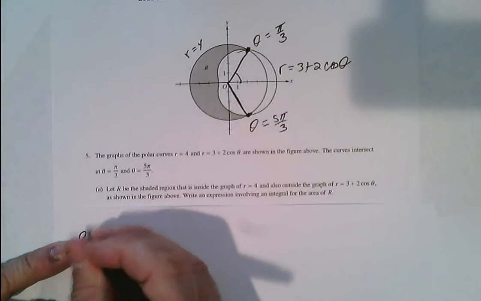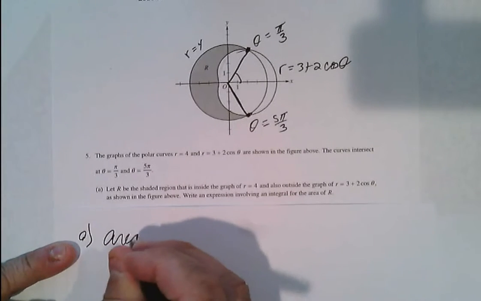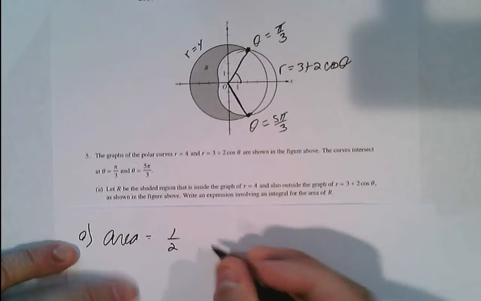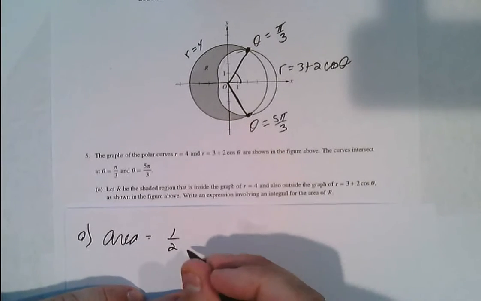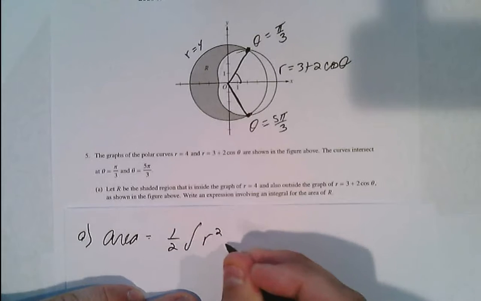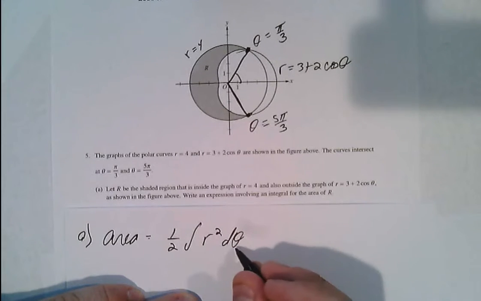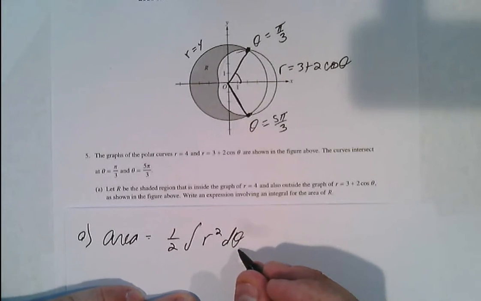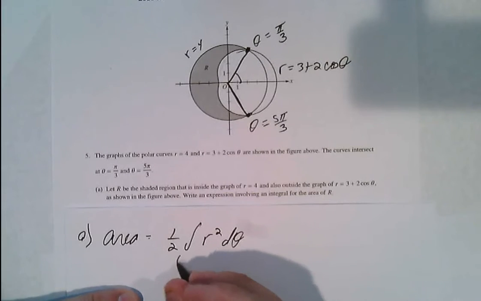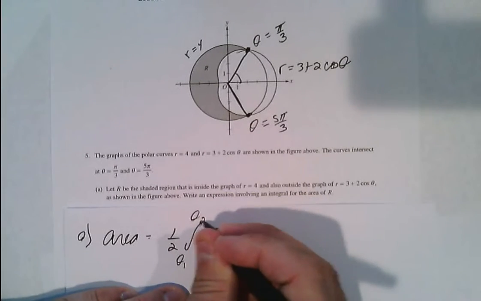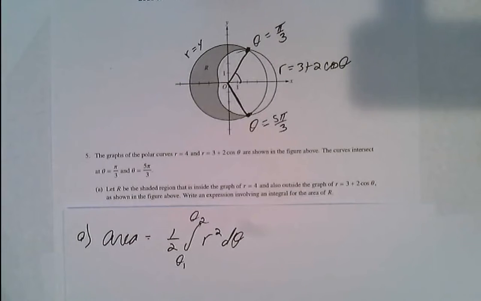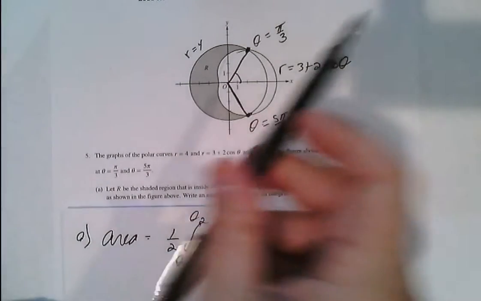Now, in polar, the area formula works a little bit differently, and you just need to have this memorized at this point. It's 1/2 the integral of the radius squared, integrating with respect to theta, from your first angle to your second angle. Now, let's see what's going on over here.